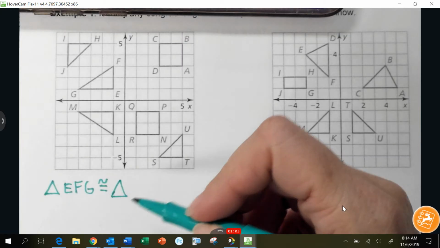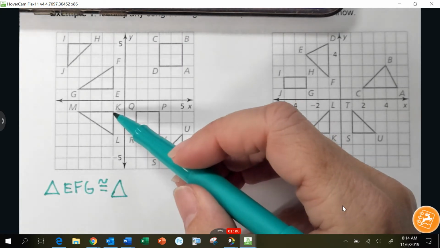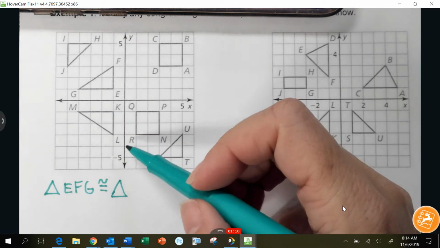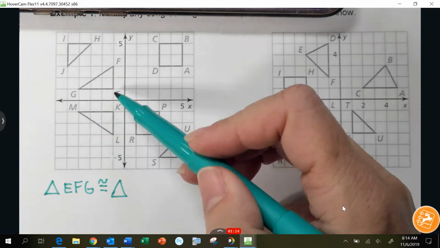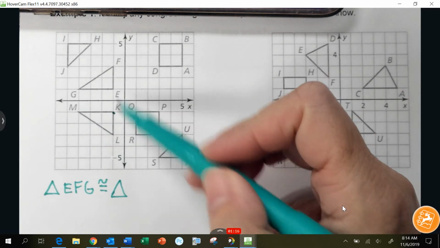What is it, Cameron? I just heard you say K. Oh, KML. Yeah, I'm going to put it in the exact order that I wrote this in, so it'd be KLM.